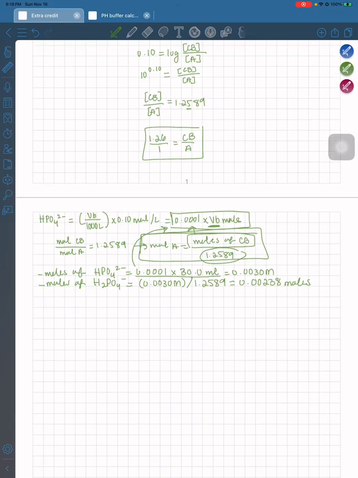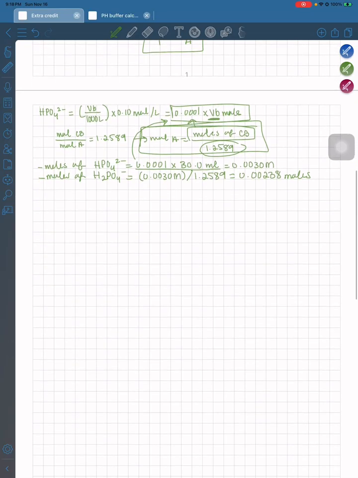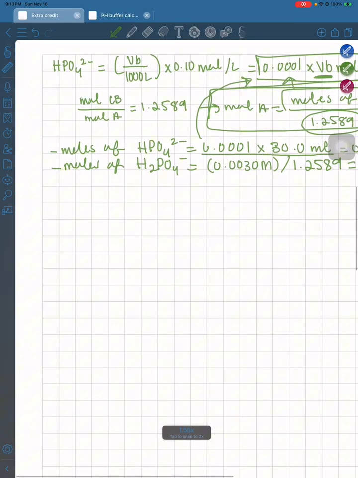Okay, now that we are done calculating for the moles of each compound, we can move on to calculating the mass of the solid. The solid that we chose earlier from the table was sodium dihydrogen phosphate monohydrate, and the molar mass is 138.00 grams per mole.